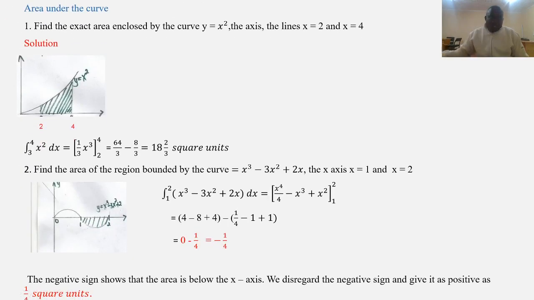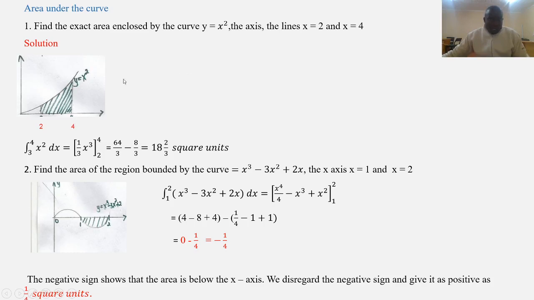Now let's talk about area under the curve. To find the exact area enclosed by the curve y equals x squared, the x-axis, the line x equals 2, and the line x equals 4. If we draw such a curve, this is the curve y equals x squared.